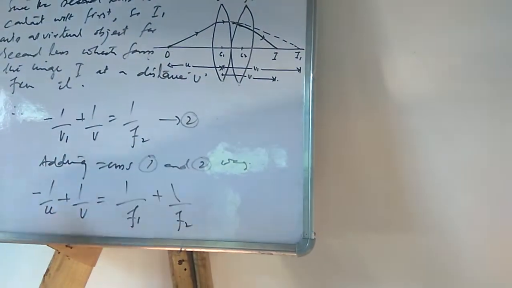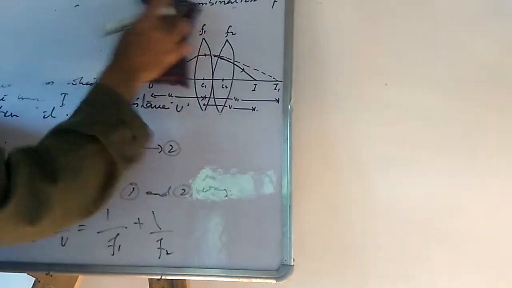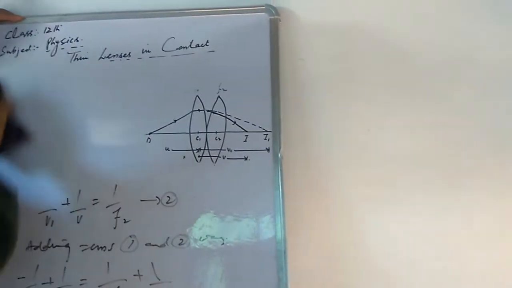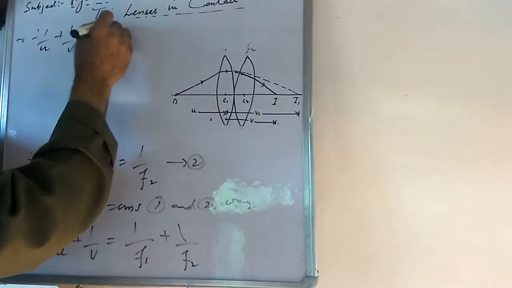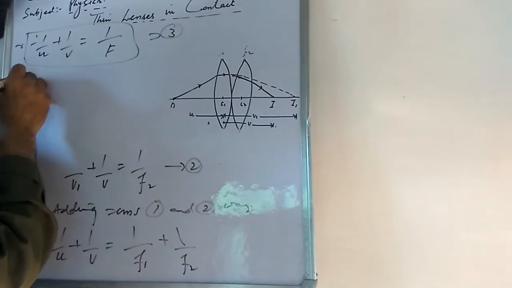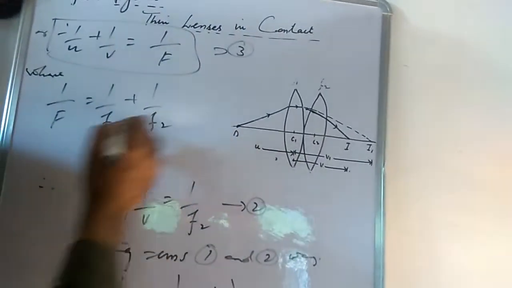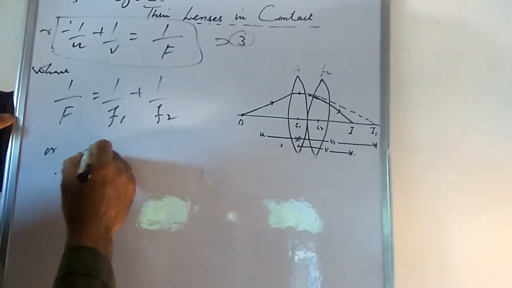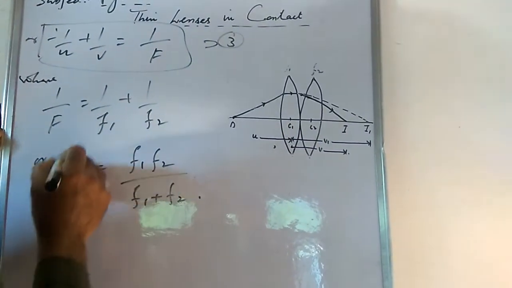Minus 1 by v1 and plus 1 by v1 cancel out, so we get minus 1 by u plus 1 by v equals 1 by f1 plus 1 by f2, or minus 1 by u plus 1 by v is equal to 1 by f, where 1 by f is equal to 1 by f1 plus 1 by f2, or F is equal to f1 f2 divided by f1 plus f2.